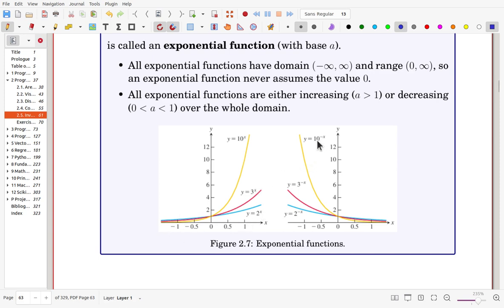Now y equals 1 over 10 to the x is written 10 to the minus x. That's the same as 1 over 10 to the x, and likewise 1 over 3 to the x, 1 over 2 to the x. That is the case where a is between 0 and 1, and the earlier one is the case when a is larger than 1.